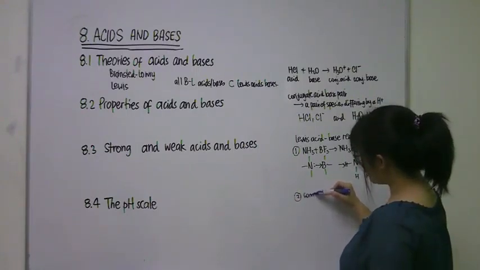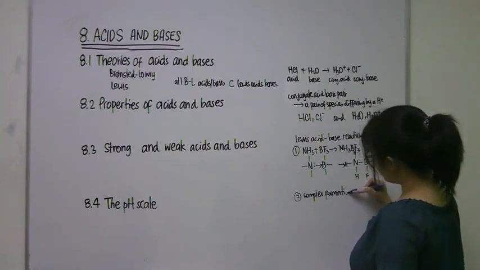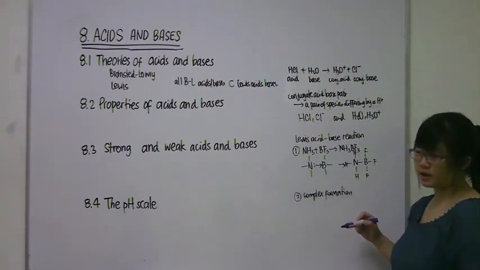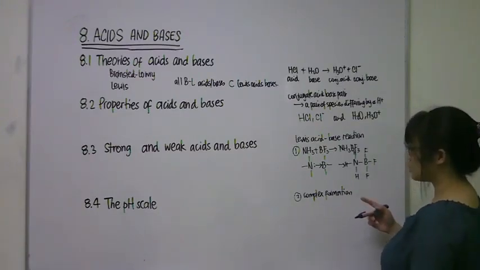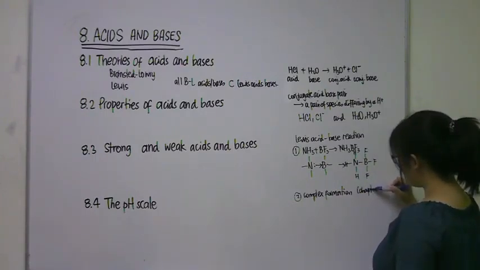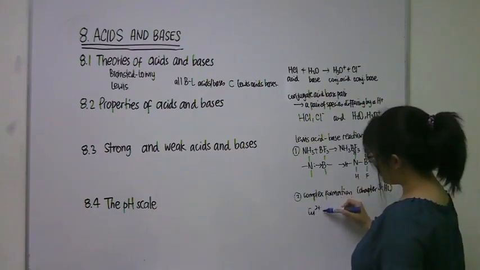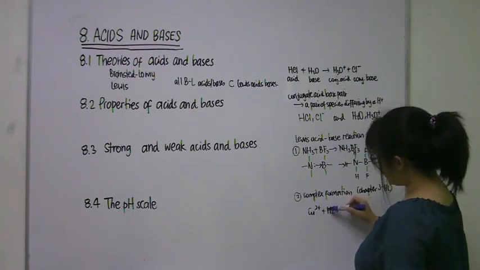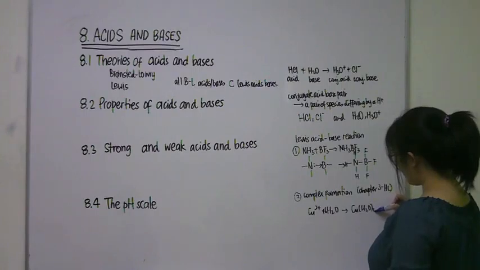Okay, the second one, you have to remind your students about this. This is a complex formation. They should have learned this, especially if they're in higher level. If in standard level, you probably have to explain a little more because they don't learn complex formation in chapter 3, chapter 3 HL. Okay, this is where you have a central metal ion and you add ligands, for example, and you'll form a complex.